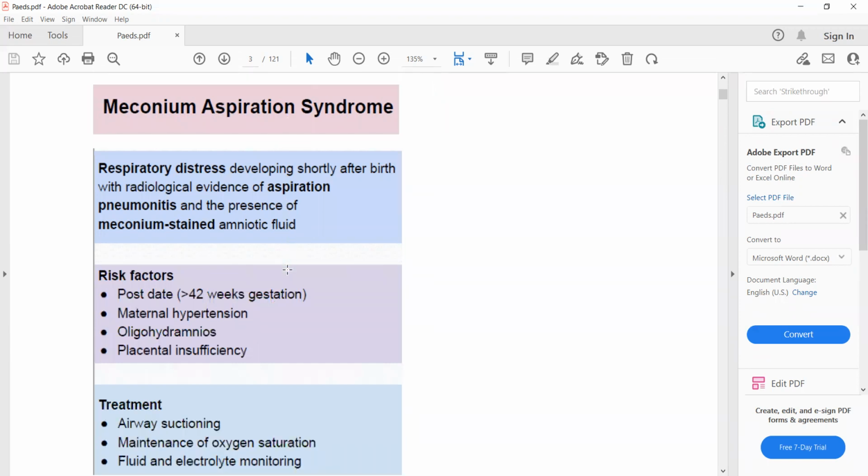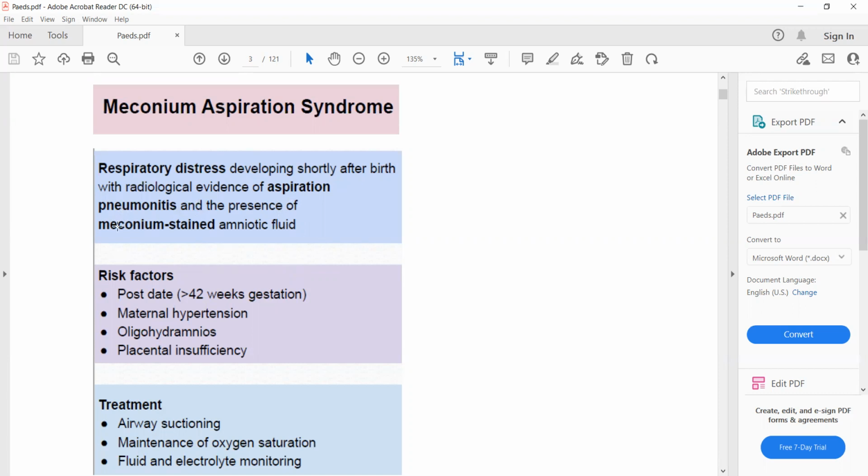So the first hint for meconium aspiration syndrome is that it is common in post-term babies. Now, the second hint is that in the question, they will sometimes mention that the amniotic fluid is meconium stained.